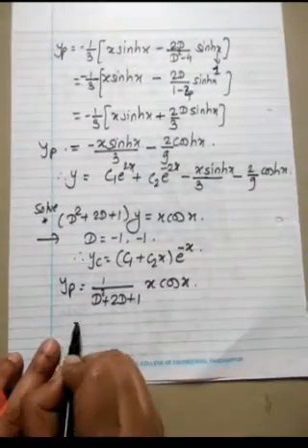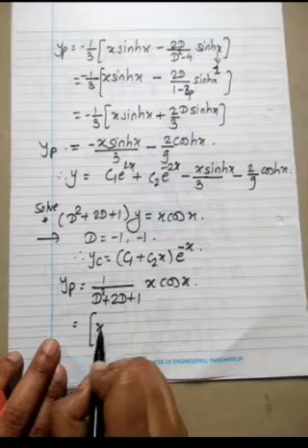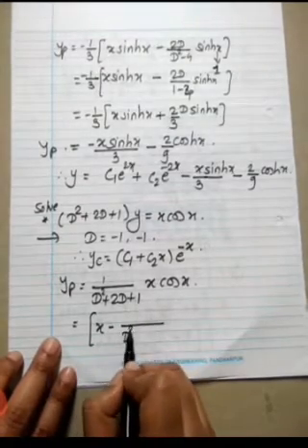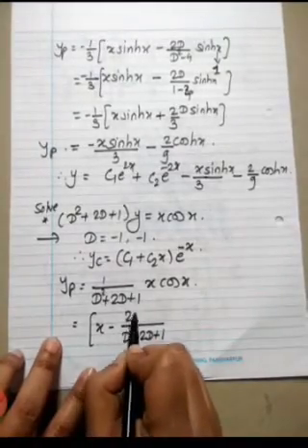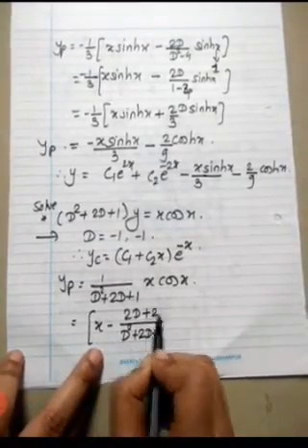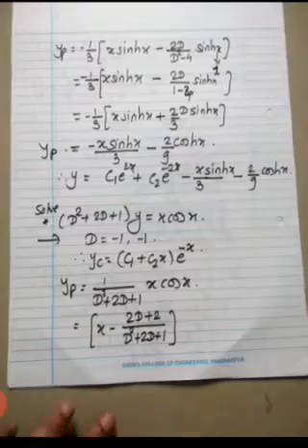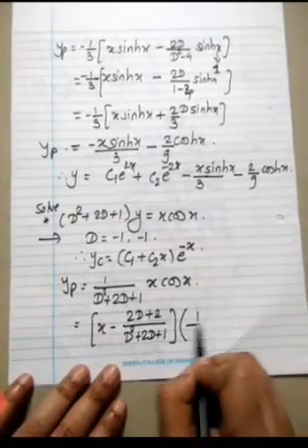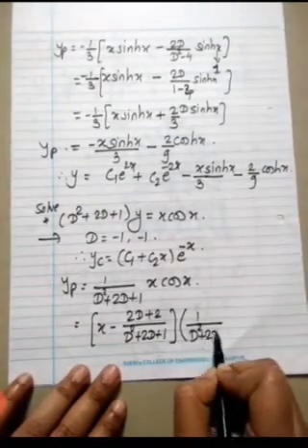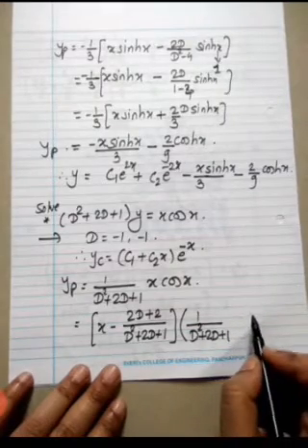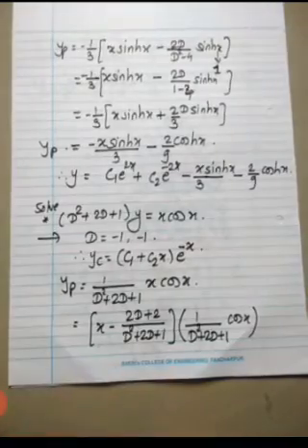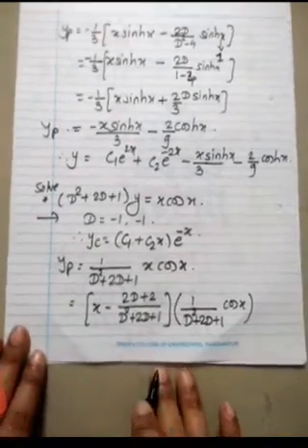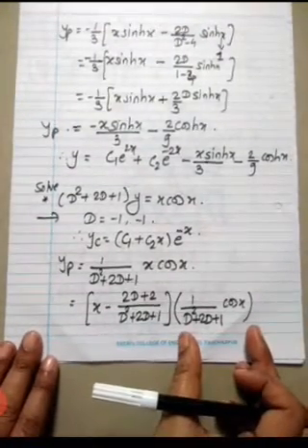So we'll start. So what is that? x minus, in numerator 2D plus 2 derivative, into 1 upon (D square plus 2D plus 1) into cos x. Okay, we'll finish this bracket first.